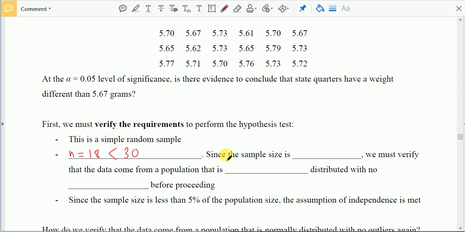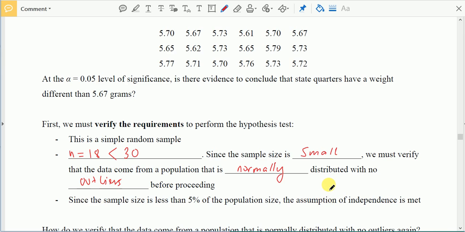So since the sample size is small, we must verify that the data come from a population that is normally distributed, with no outliers. For all the problems in the chapter, you don't want any outliers. It will mess up everything and won't give you an accurate result. Now the sample size is very small, so it's also independent. This condition is usually met.